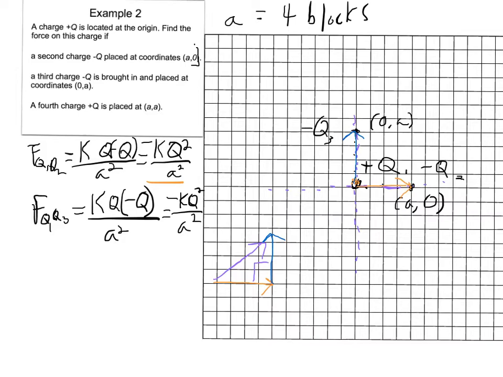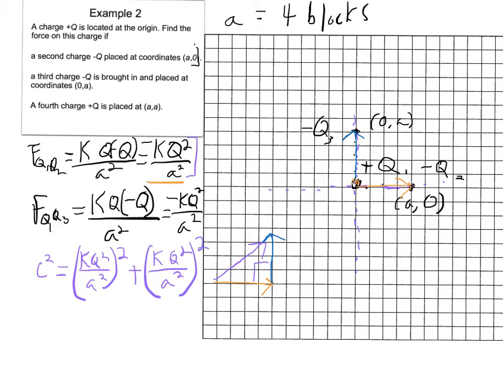So the magnitude of that resultant force, which we can call c squared, equals the magnitude of the first one squared. So k q squared over a squared, squared, plus the magnitude of the second one, k q squared over a squared, squared.